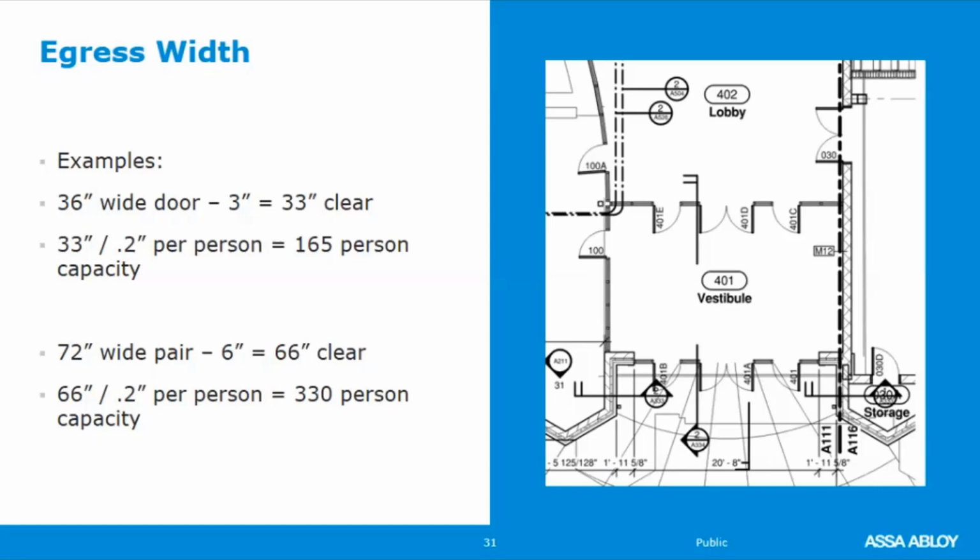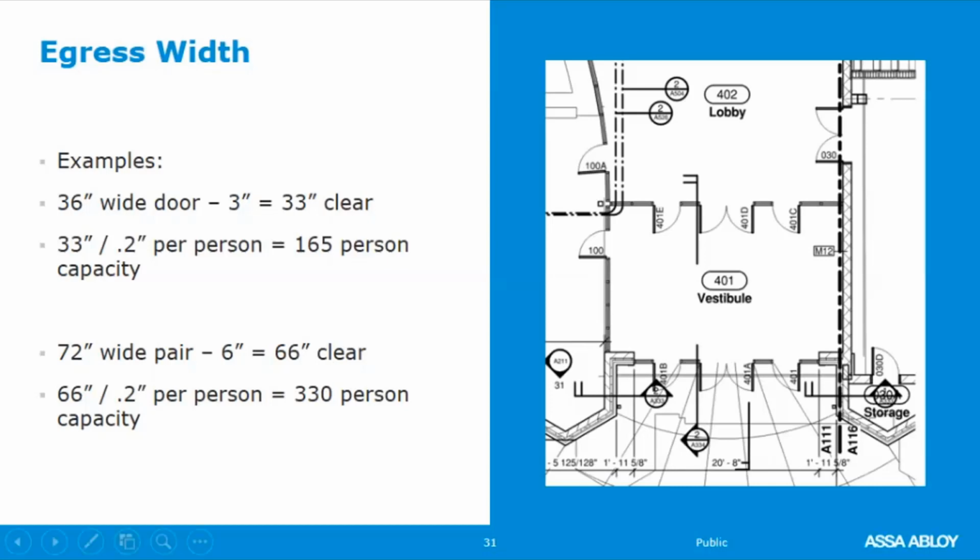Your pair of doors, you're going to subtract 6 inches. Even if you have a hardware mullion in the center, whether it's removable or fixed, this will take that into consideration. And that gives us 66 inches clear. 66 divided by 0.2 inches per person is 330 people.